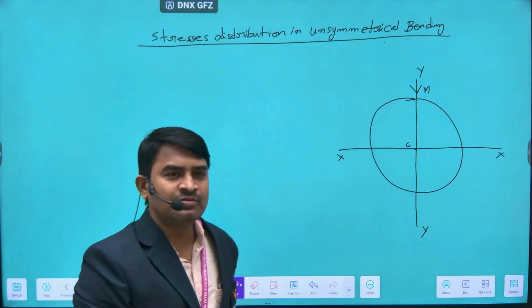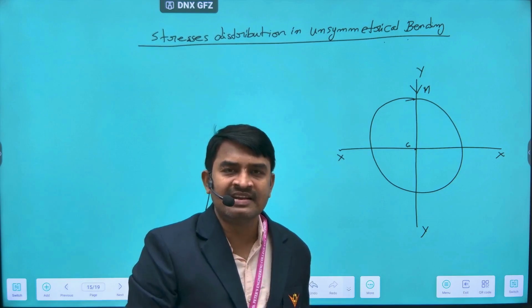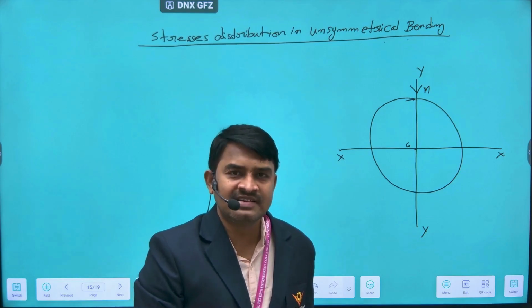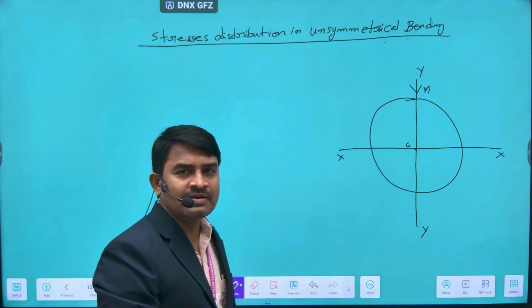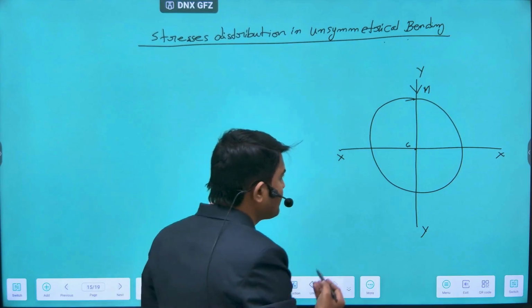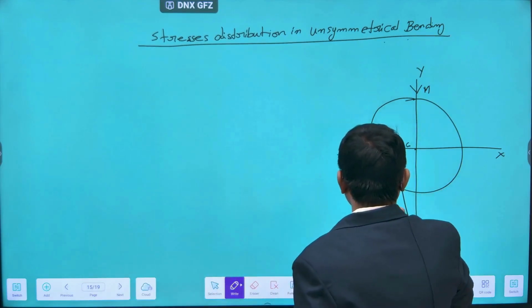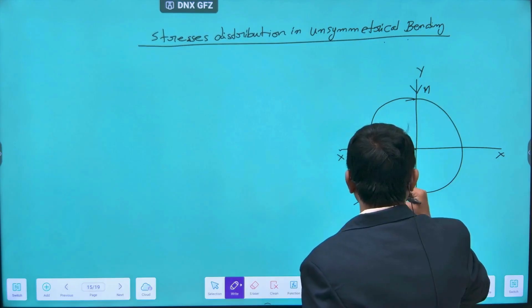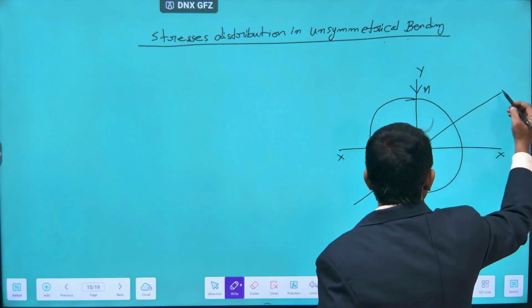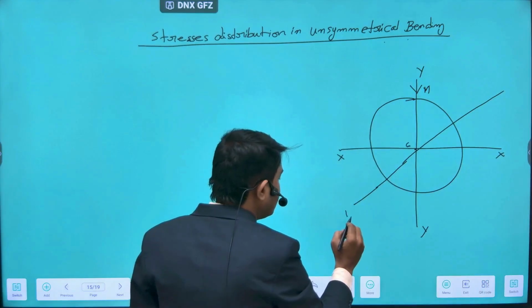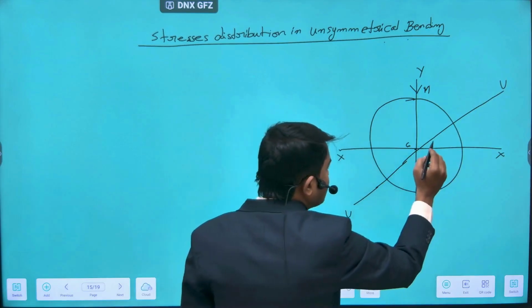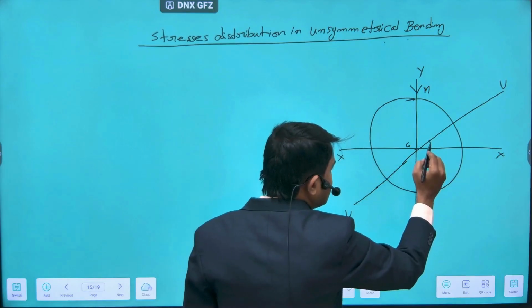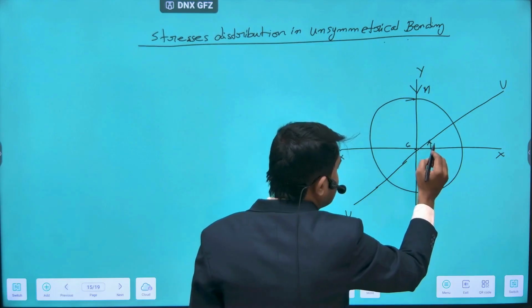Then, to simulate the principal loading conditions, we have to consider the principal axes, that is u and v. Let us take one principal axis passing through the center of gravity, named uu, which makes an angle theta with the xx axis.